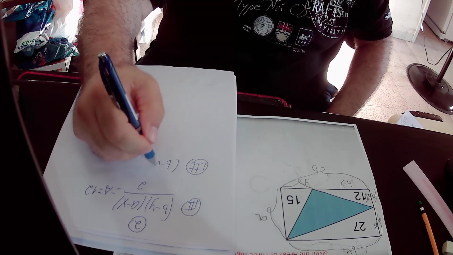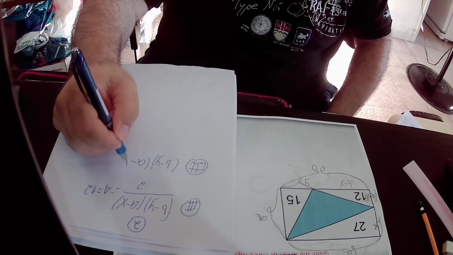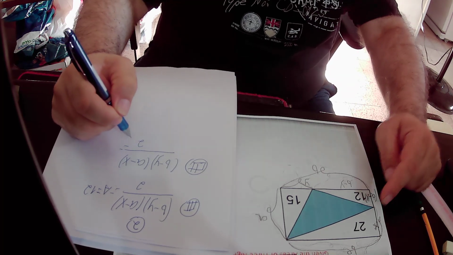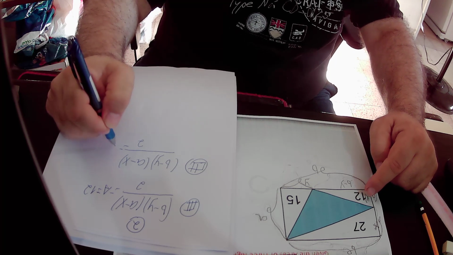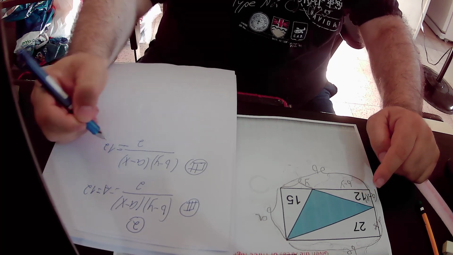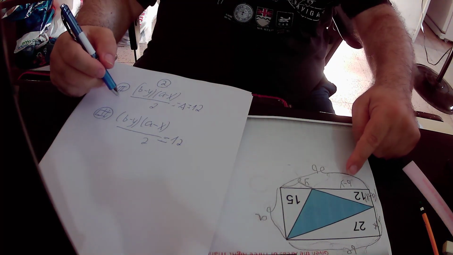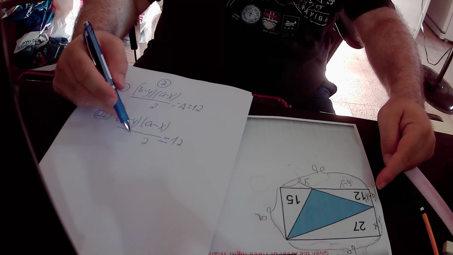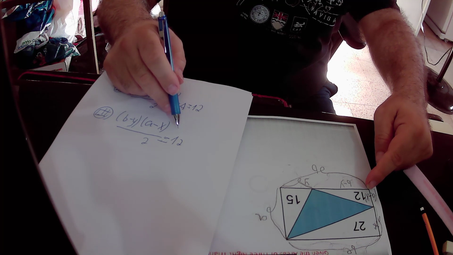The base of the triangle, that is b minus y, times the height of this triangle, that is a minus x, divided by 2 equals the area of this triangle, that is 12 units.